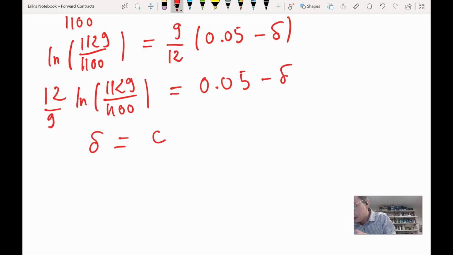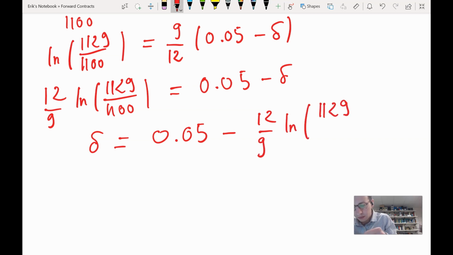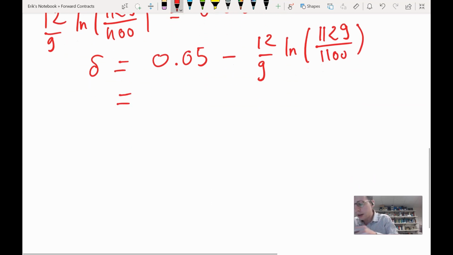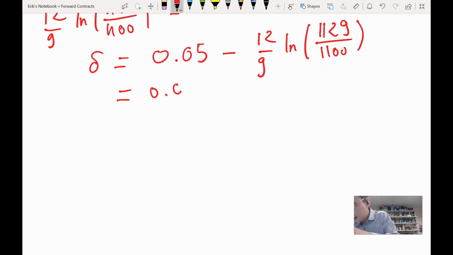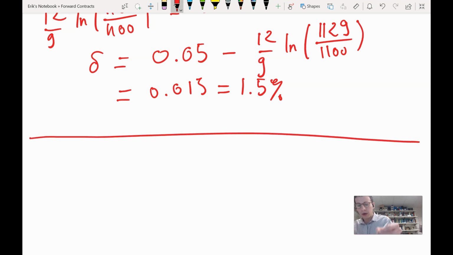So I bring delta on the other side, and delta is equal to the interest rate, 5%, minus 12/9 ln of 1129 over 1100. And it turns out that if you solve for this, the math is going to give you something like 0.015, approximately 1.5%. Okay, so far so good. That's solving for the implied dividend yield.